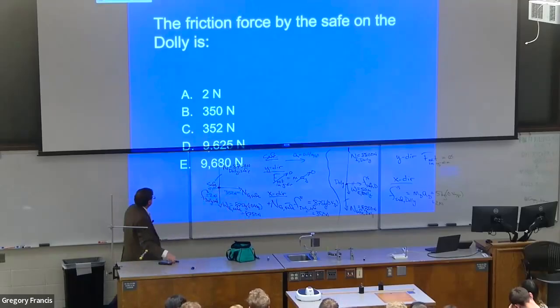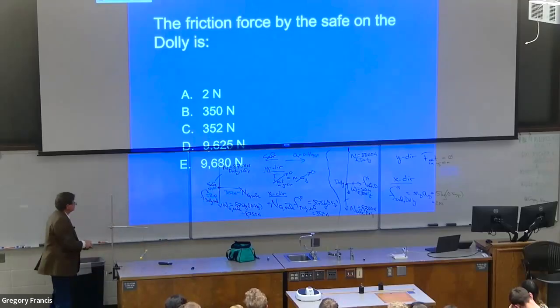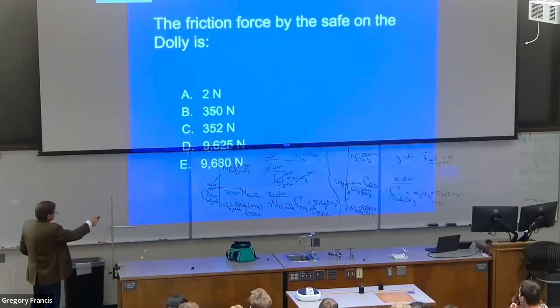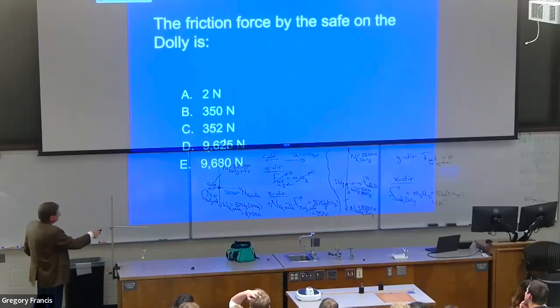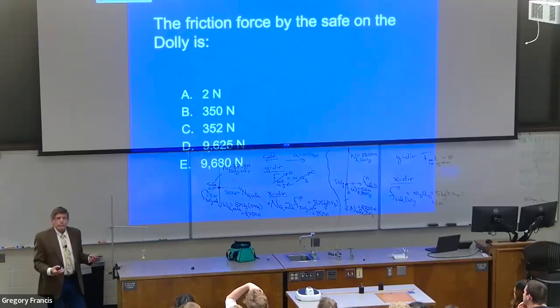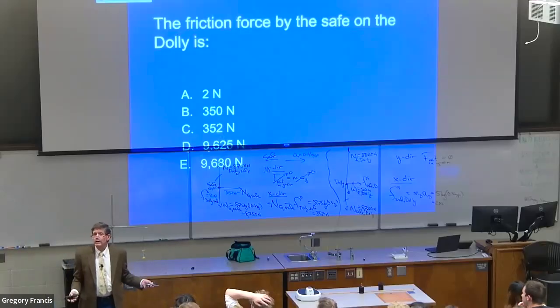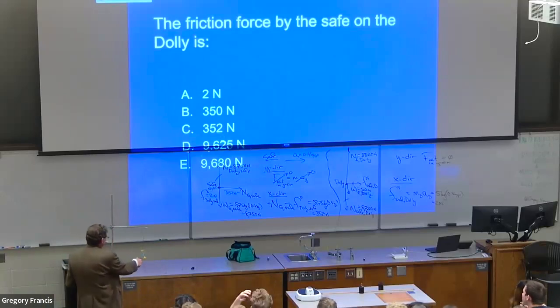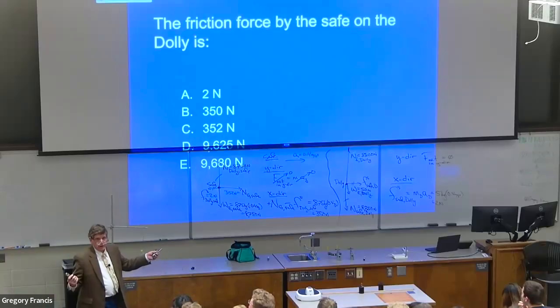Okay, so there's the right answer. There's the net force on the safe. There's the push by Greg. These two humongous forces are the number you would get if you blindly plug into that maximum friction force. This is what you would get if you used this normal force of 8,750, and the bigger one is if you use this normal force. Neither one of those is correct.